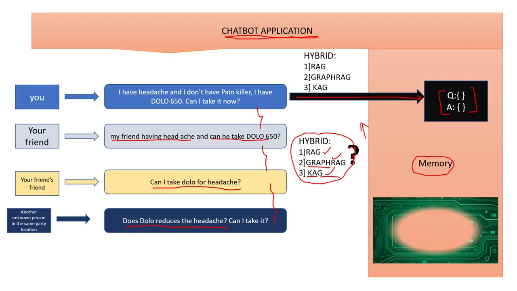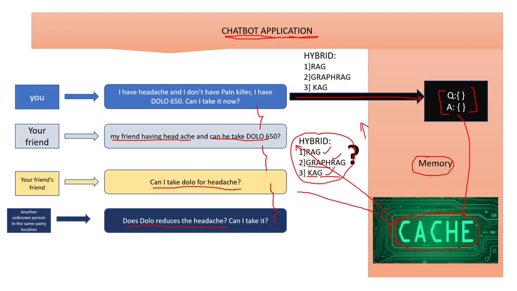Then you use cache memory. Whatever you stored, you will store in a cache memory. And if the questions are semantically related, you don't need to retrieve everything. From cache memory, you can just provide the answer, and this answer will be the same for everyone.